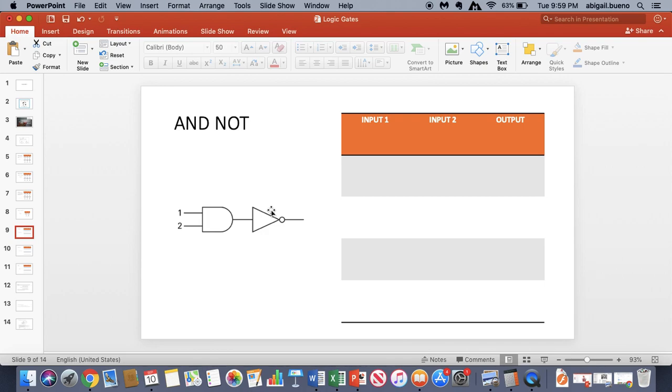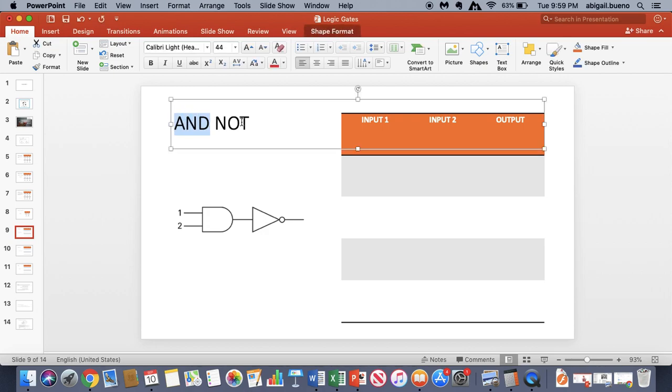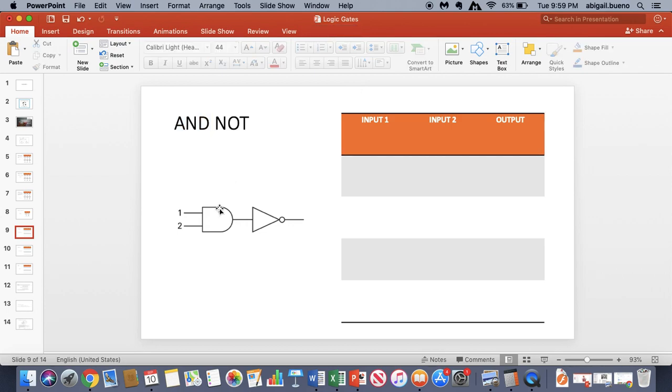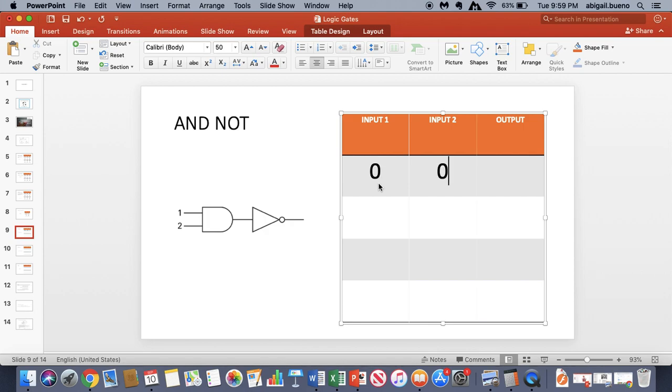This will be the opposite of AND because it's NOT AND. So input 1 is 0, input 2 is 0. If it's an AND gate, output is 0. But it's NOT AND, so output is 1. Input 1 is 0, input 2 is 1.